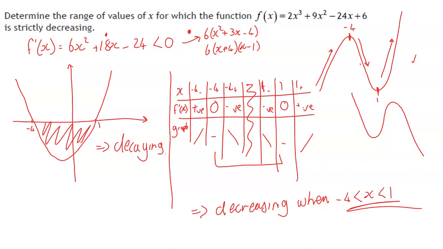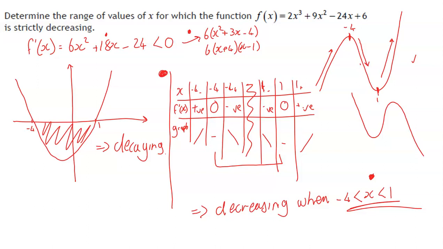The third mark is available when you prove it, either graphically, the method on the left, or using a nature table on the right, that's where mark 3 comes into play. Whichever one of those two techniques you use, it's got to be a valid technique. And then your fourth mark comes into play when you state it after proving it.